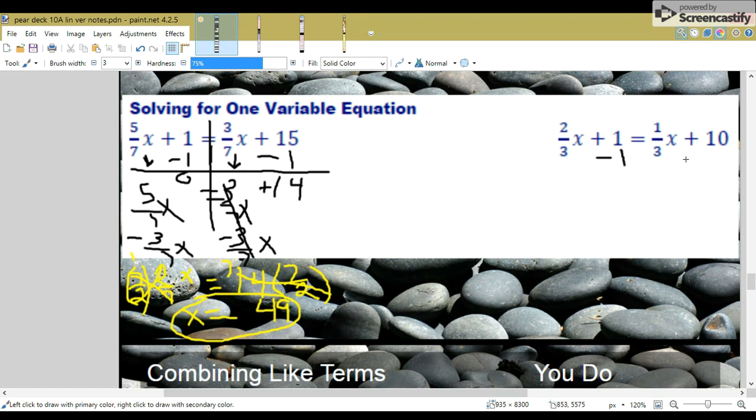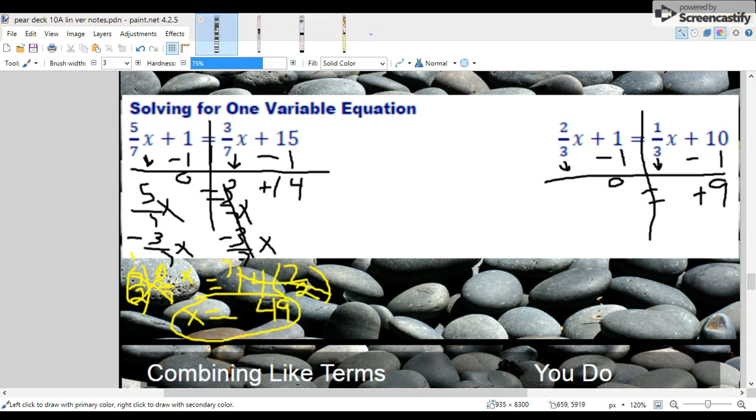Subtract 1, subtract 1. 1 minus 1 is 0. 10 minus 1 is a positive 9. Carry everything else down. Now we have 2/3 x equals 1/3 x plus 9.